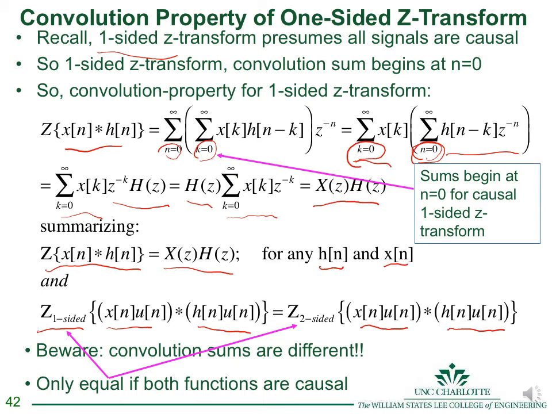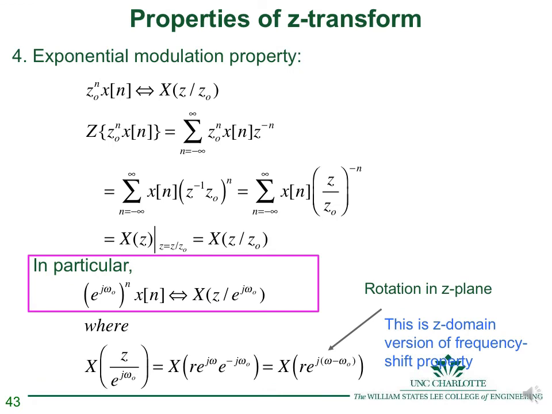And so for the typical case that we consider in most control system applications where the functions are causal, the one-sided and two-sided Z transform would give the same result. Perhaps a bit less used is the modulation property.